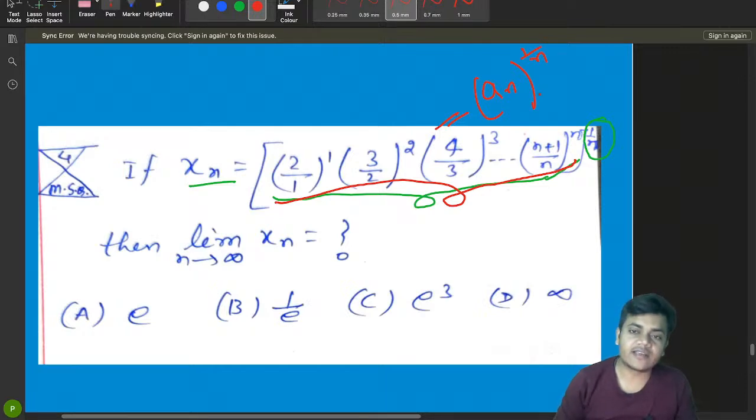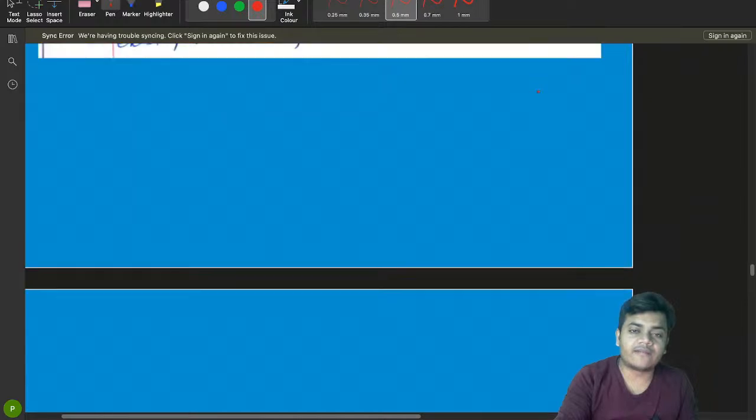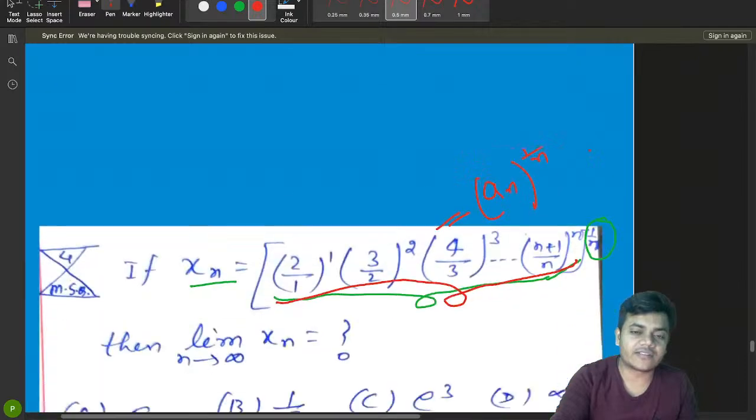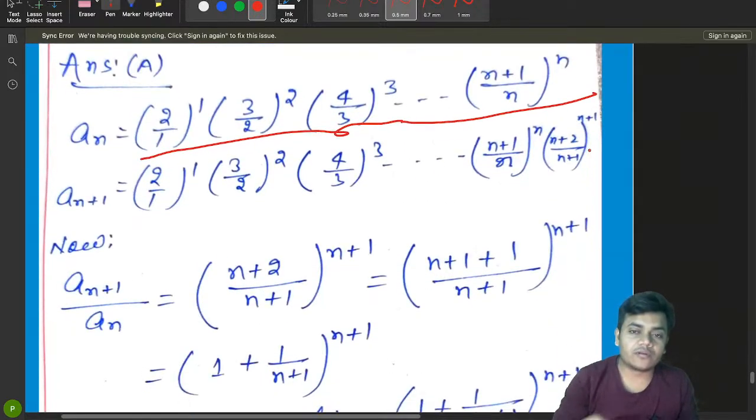And the theorem says, if you have this thing, a_n raised to the power 1 by n, then this could be written as limit n tends to infinity a_(n+1) over a_n. And that's why this is your a_n.